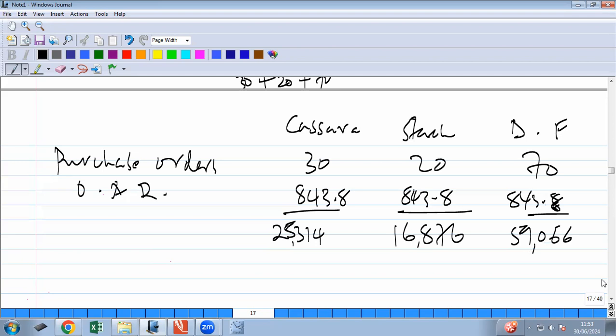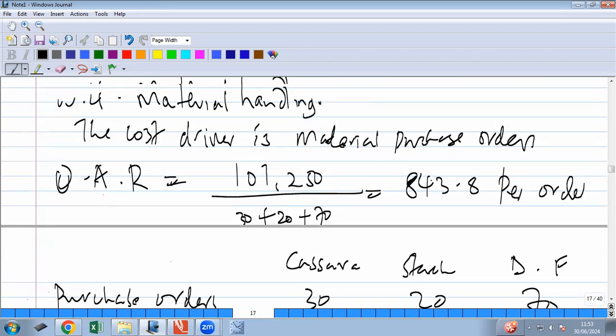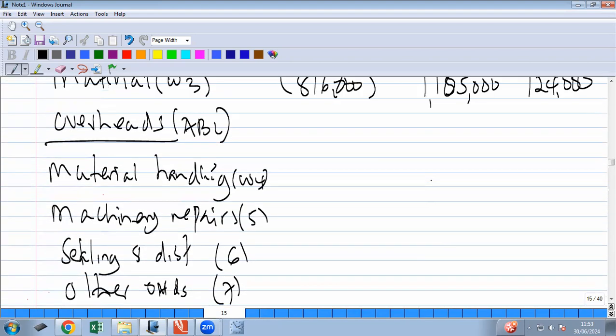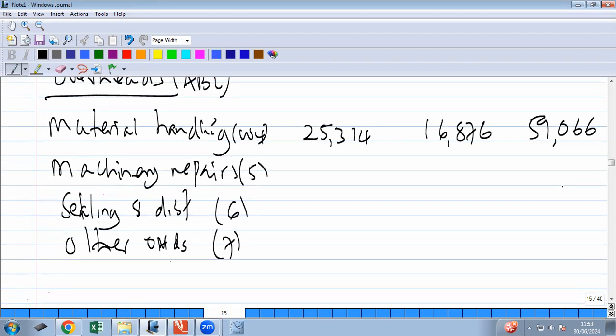Okay. Guys, you verify. So we transfer this to our schedule. Tell me those figures again for material handling. 25,314, 16,876, 59,0, like this. Okay, when you add the three, you should come up to the total cost for material handling.